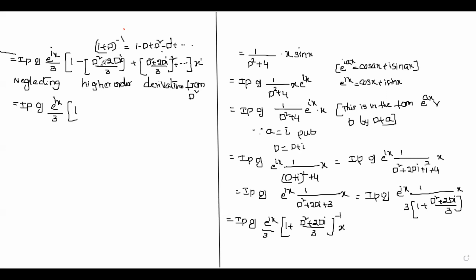Here d square by 3 cannot be included because it is a higher order power. So the next term is minus 2di by 3. All the remaining terms are higher order terms only. Before writing this term, please be careful that all the terms of derivatives are included, otherwise your answer may go wrong, into x.